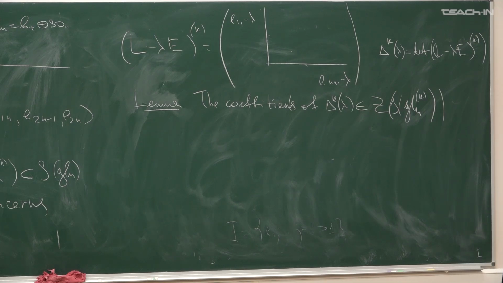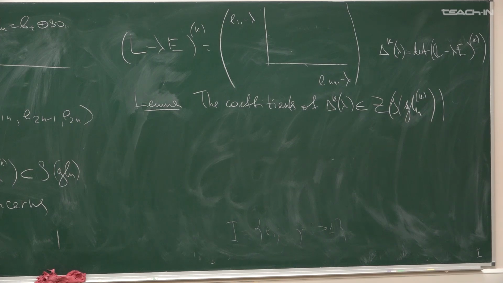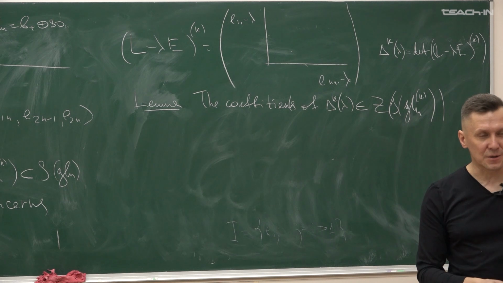So they are the Casimir functions of the subalgebras. Yes, but some coefficients are not Casimir functions. You remember? For n equal 4, there is a nontrivial function which is not Casimir. But they are always in the center.